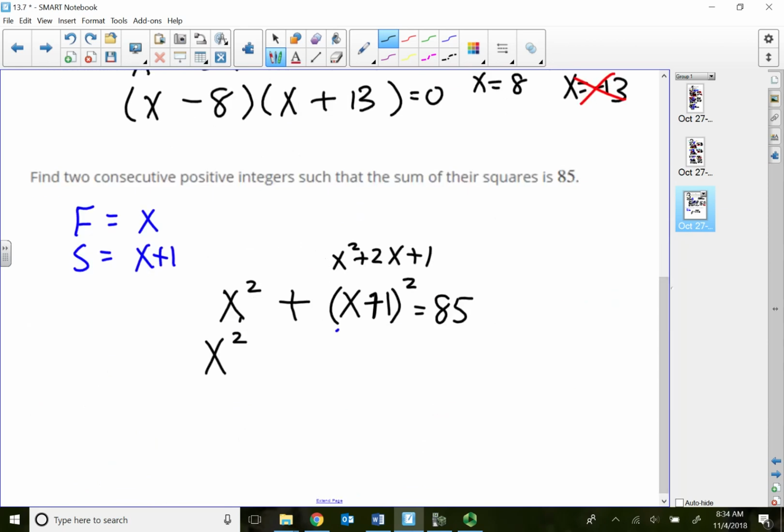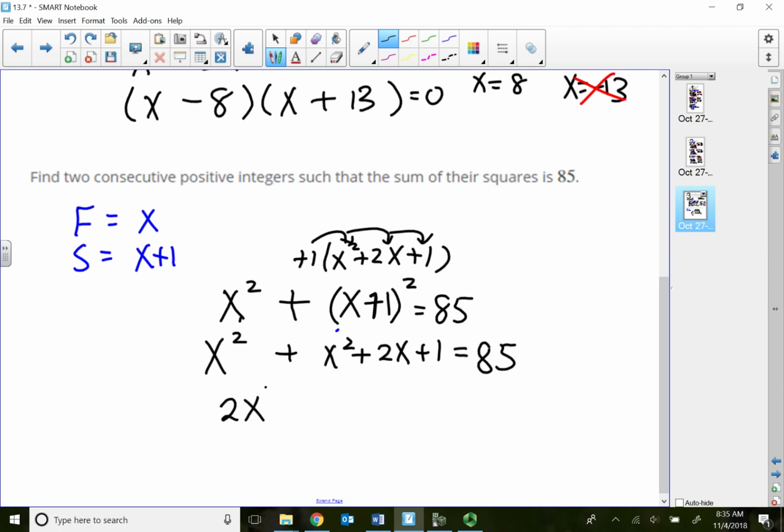Now this is positive 1 times these three terms. When I distribute, my answer should still be positive x squared, positive 2x, positive 1. The reason I mention this is because if this is a negative sign, then distributing negative 1 after the perfect square binomial will change all the signs. So just be careful. Combine like terms: x squared plus x squared is 2x squared. Positive 2x is still there.